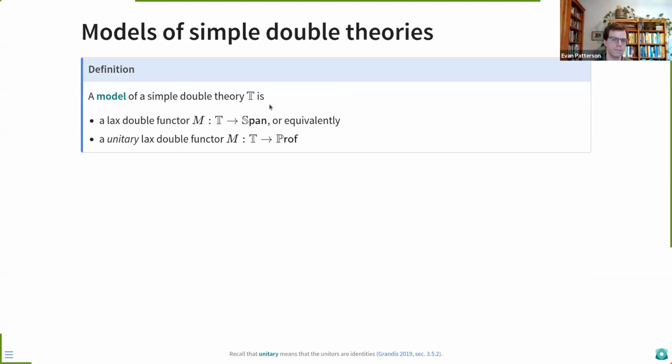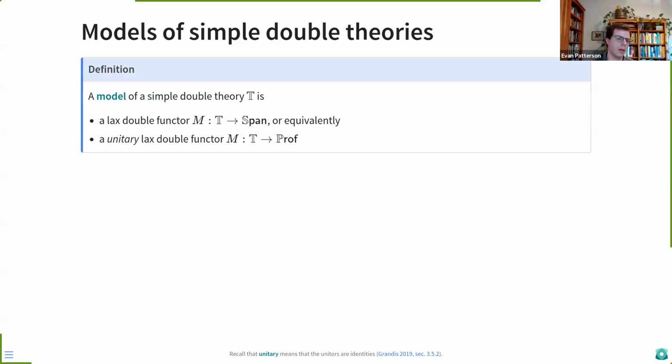And then building on what I was saying earlier, just to state it again in clear terms. A model of a simple double theory is nothing other than a lax double functor from that theory into Span. There's an equivalent way to say it, which in some ways is easier to think about, in some ways is harder. That turns out to be the same thing as a unitary lax double functor into Prof. So unitary means almost the same thing as normal, which might be a more familiar word.